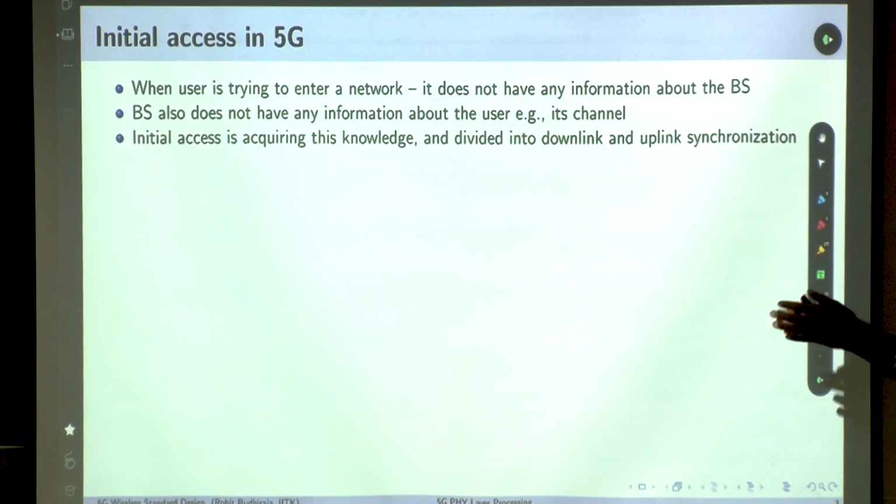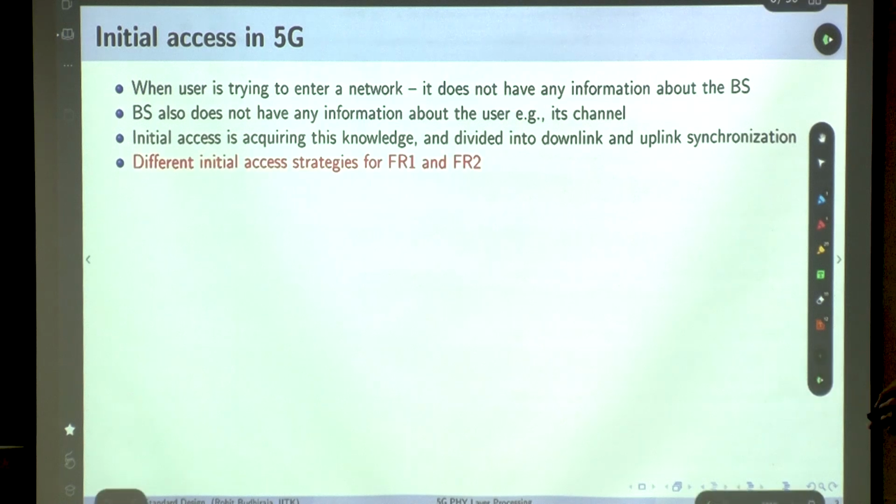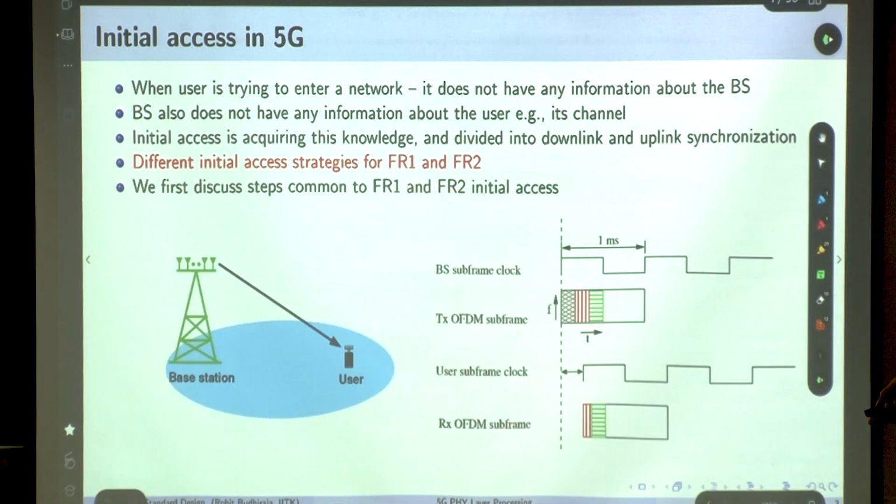I'll define what that means. Then there are different initial access strategies for FR1 and FR2, which I'll briefly tell you. We'll first look at the steps which are common to FR1 and FR2 initial access. What I've done here is I've taken a slightly old figure.